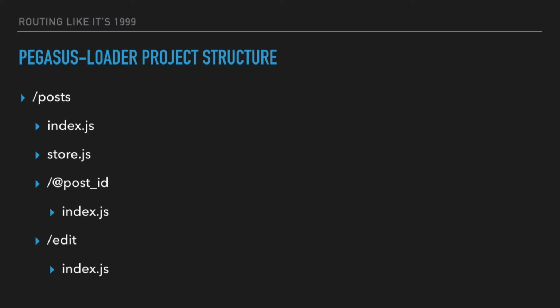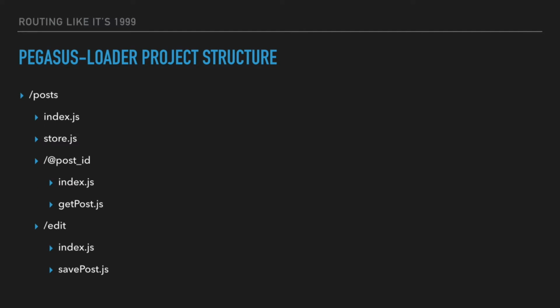Let's say we want to add a few actions to our Flux app. We can put those in the relevant directories as well. For post ID, we want to get the post. Therefore, the get post action lives in our post ID directory. For the edit directory, we want to save that post. That's a JavaScript action, and we can put that directly in the edit directory. So now our entire application is, again, grouped semantically by function.